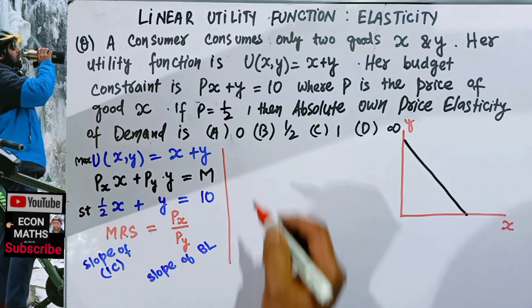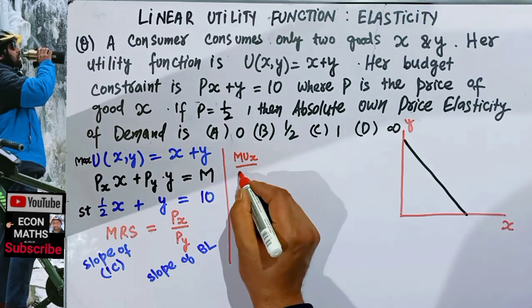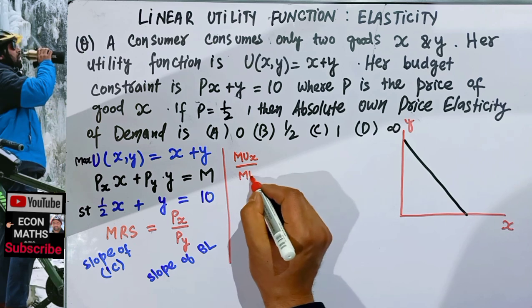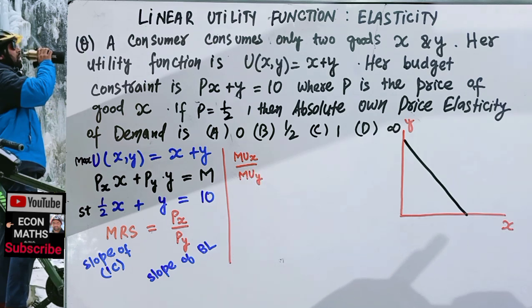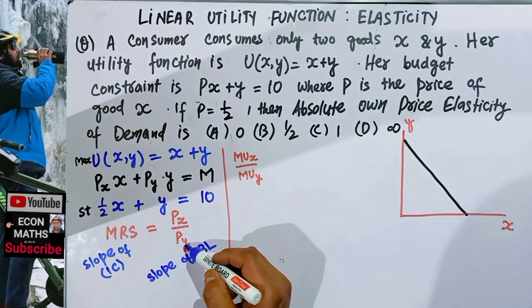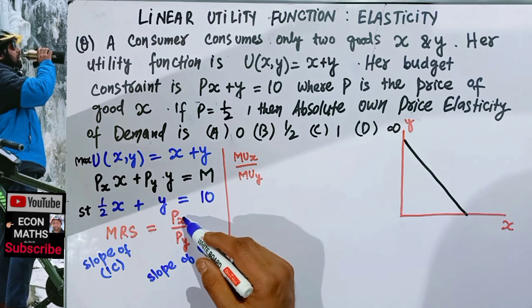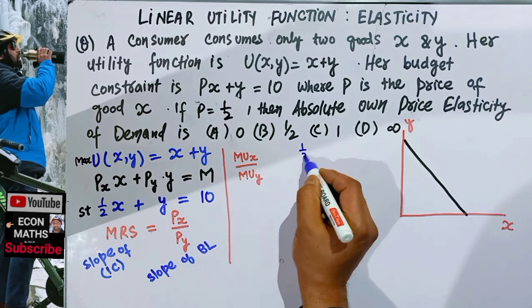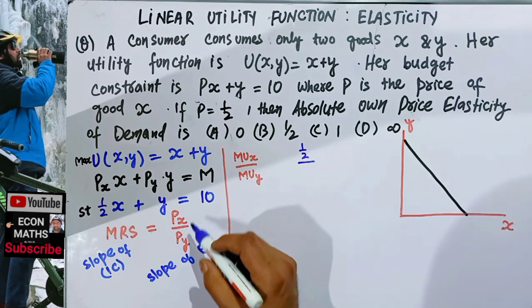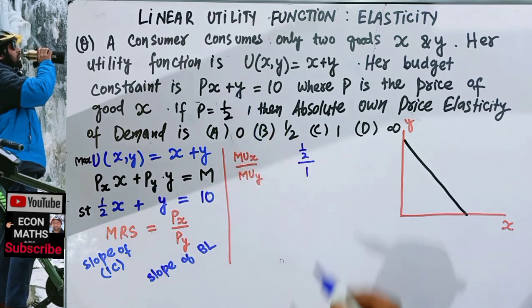Now what is MRS? MRS is simply marginal utility of good x upon marginal utility of good y. And price of x upon price of y is the slope of budget line. Price of x is 1 upon 2, divided by price of y, which is given as 1 since the coefficient is 1.